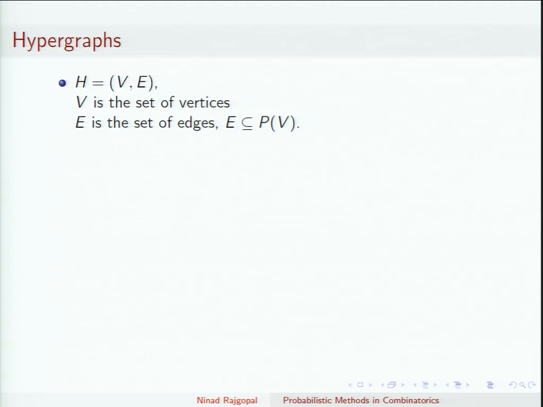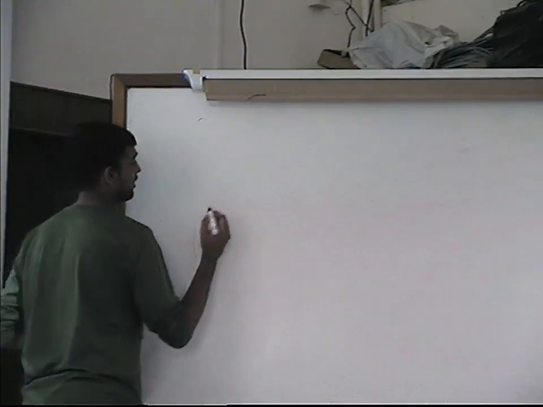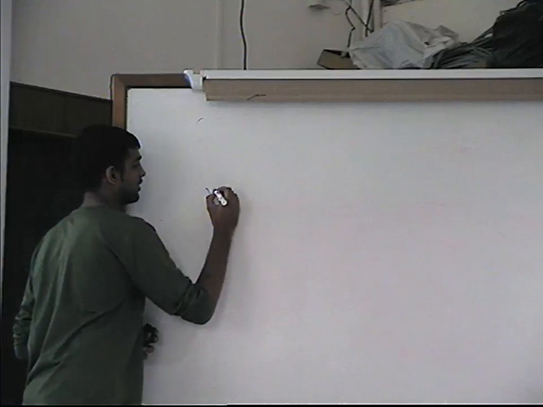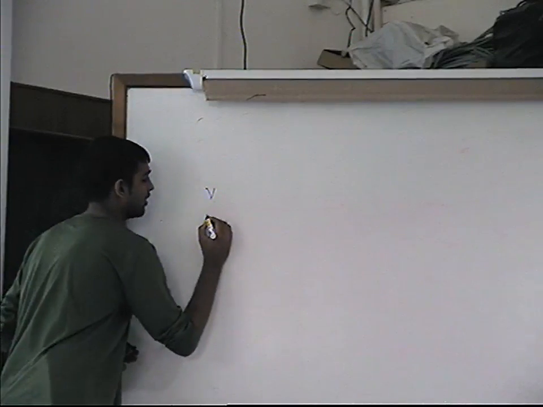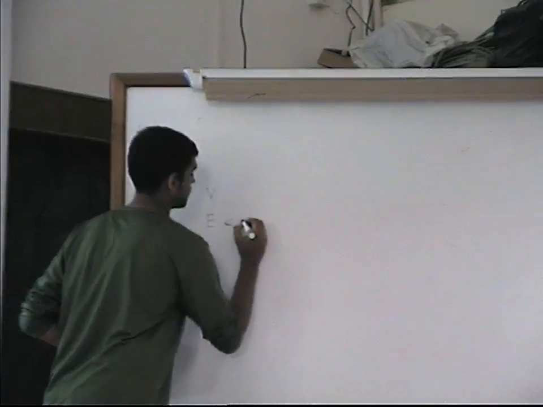So first problem, which I will be looking at, is the hypergraph 2 coloring. So what is a hypergraph? All of you are familiar with graphs, right? So a hypergraph is a generalization of a graph where you have a set of vertices and a set of edges, which is a subset of the power set.